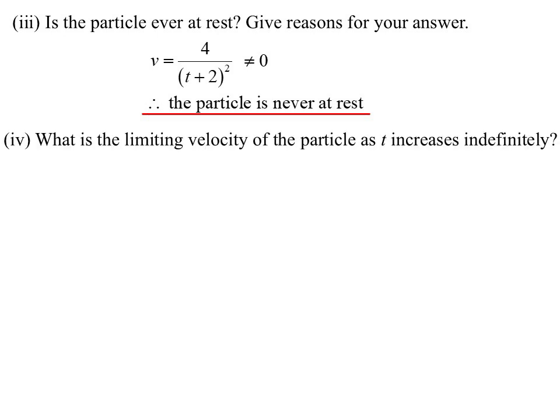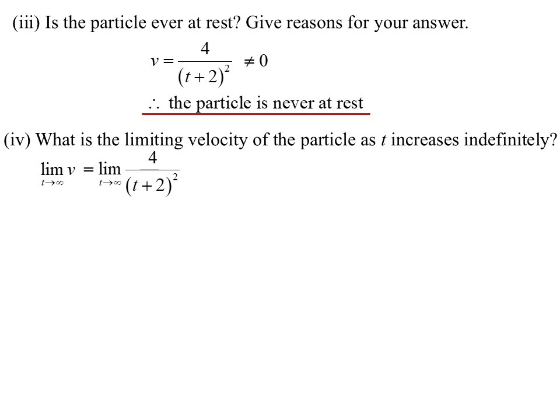What's the limiting velocity as t increases? Well, if it went on forever, t went to infinity, what would this particle approach? In this case it's velocity. So that's what this is asking: what's the limit as t approaches infinity of this expression?